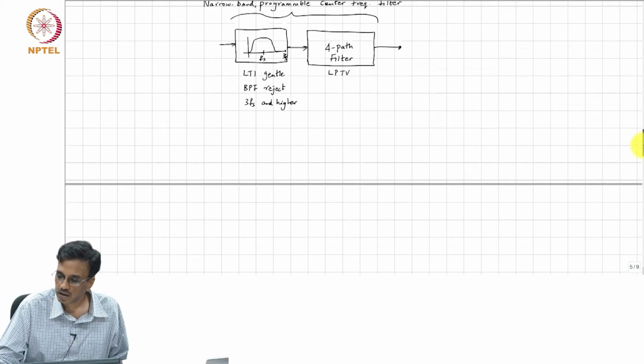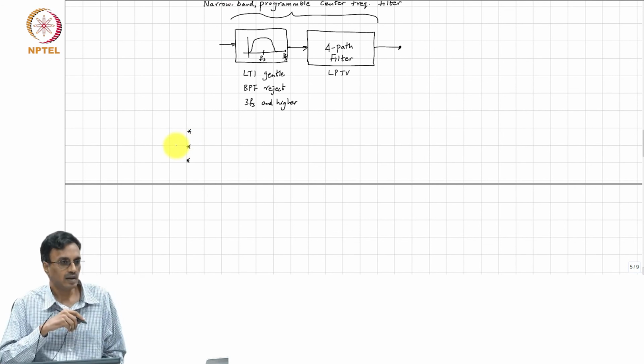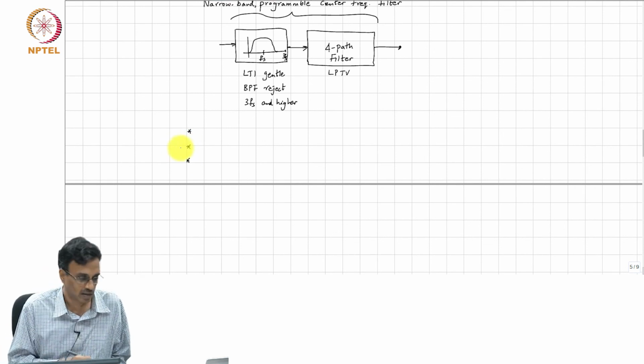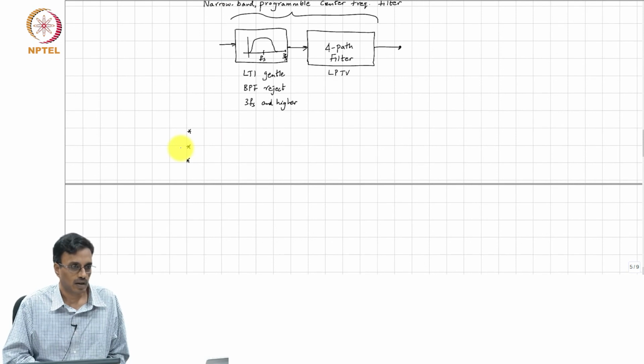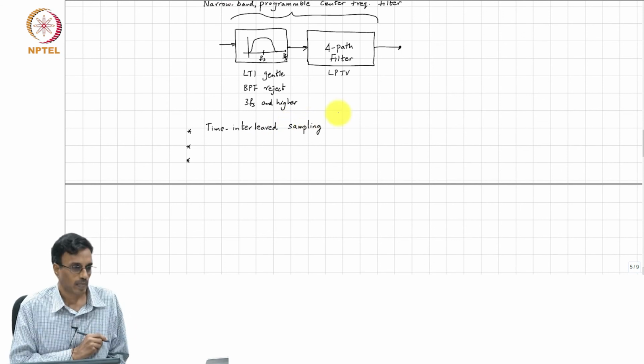So, with this I will stop our discussion on n-path techniques, right. So, we have seen 3 applications of n-path principles. The first is time interleaved sampling, right.